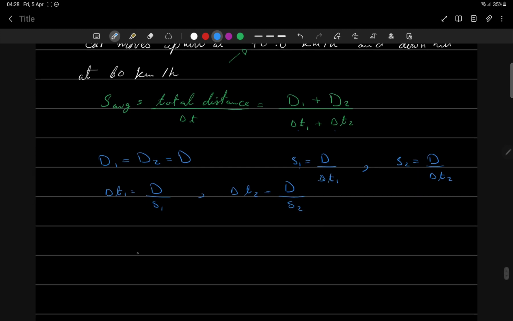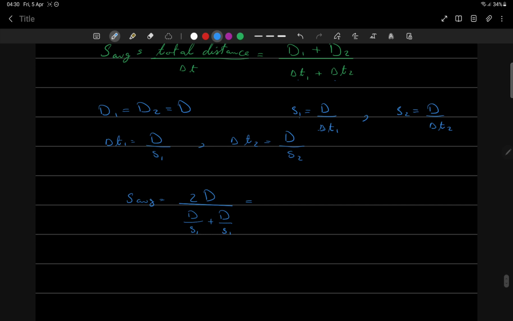Now I can substitute and say that the average speed equals d plus d equals 2d, delta t1 equals d over s1, and delta t2 equals d divided by s2, because time equals distance by speed itself.